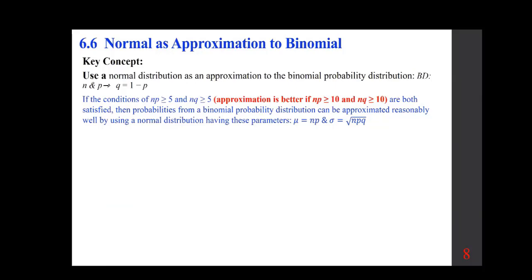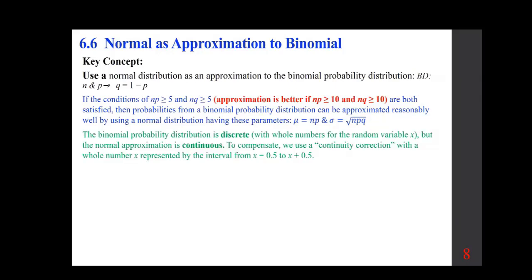So depending on the text, they may have different restrictions, but generally speaking, when np and nq are fairly large, then the approximation works out. In which case, mu is calculated as always for binomial distribution. Mu is np, and sigma is square root of npq.